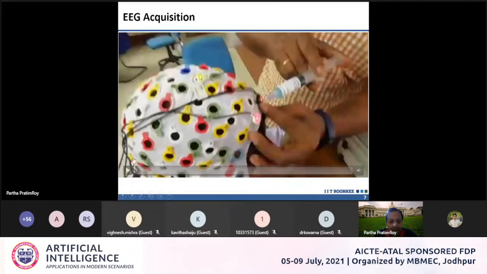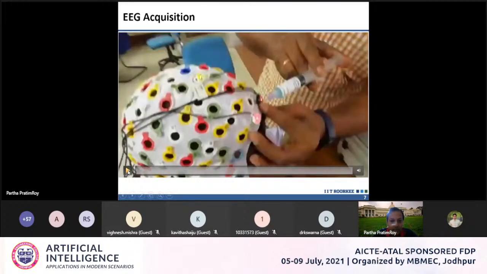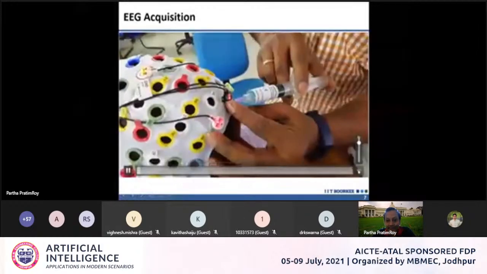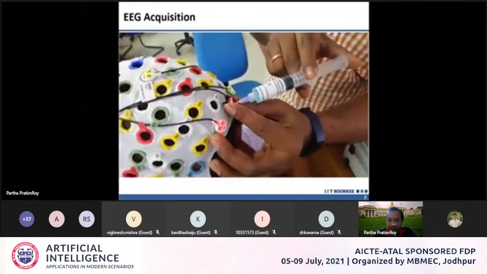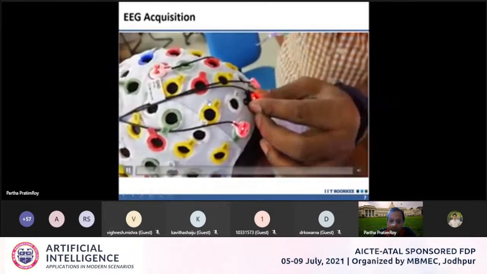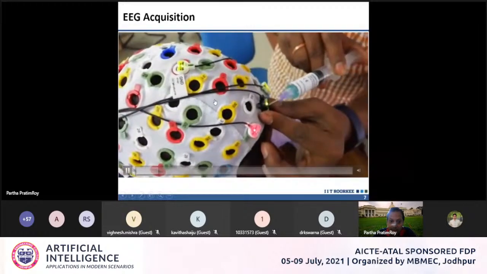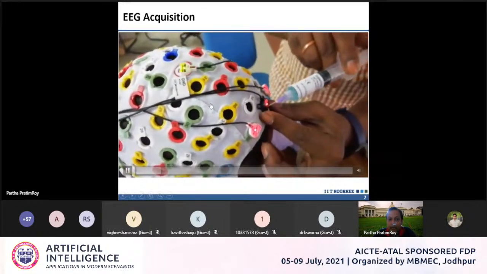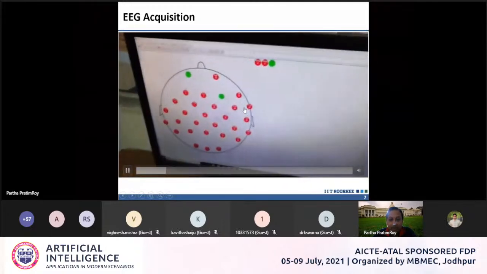I'll show you one video which was captured in our lab. You see this is a 160 channel wearable device. 160 means there is provision for 160 electrodes in the scalp, but we will be using only two or three, depending on your application.